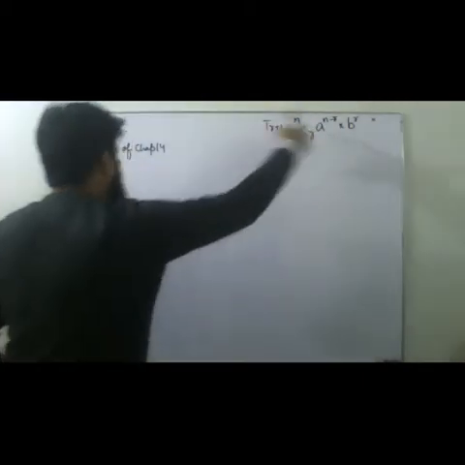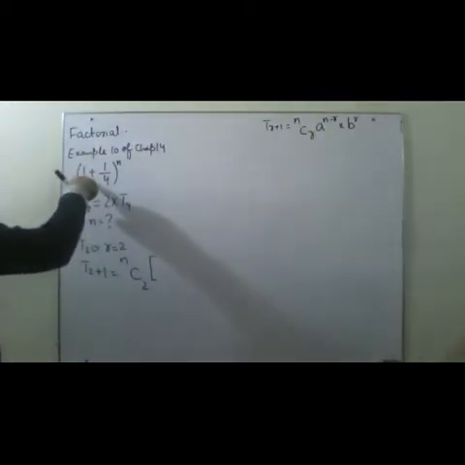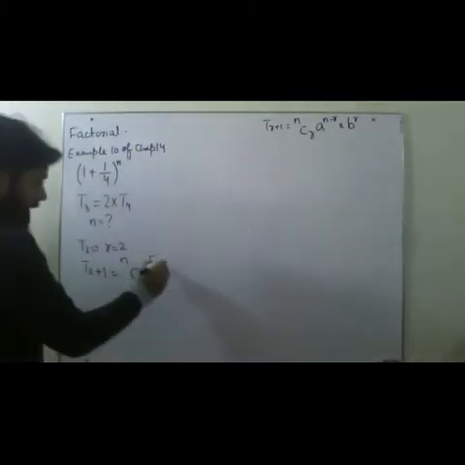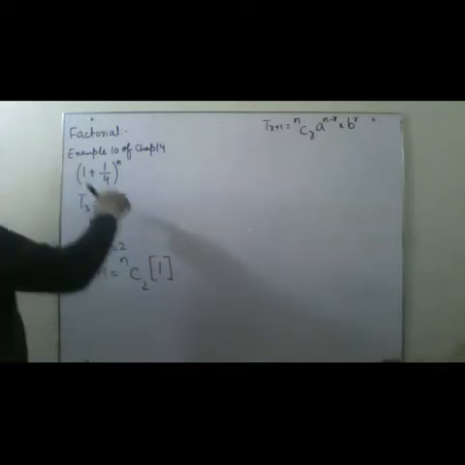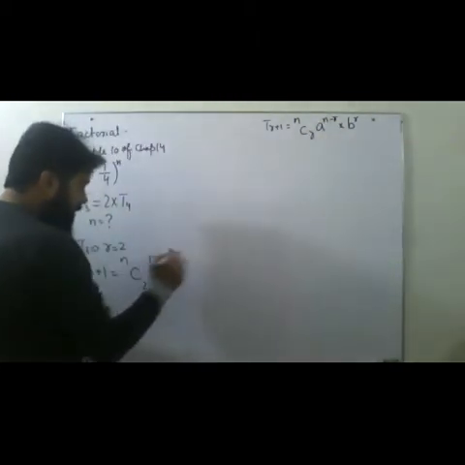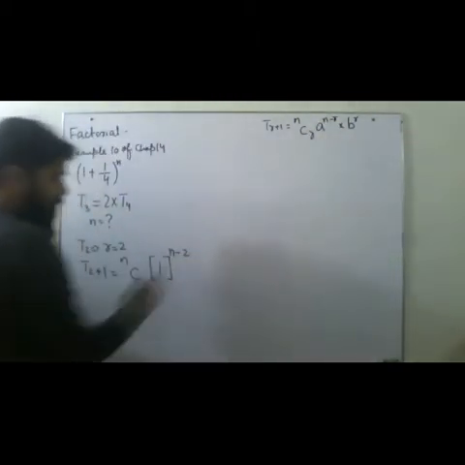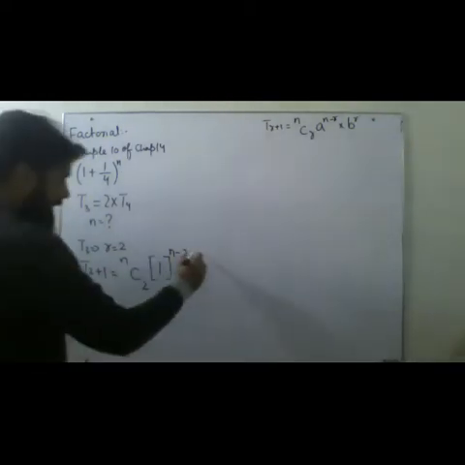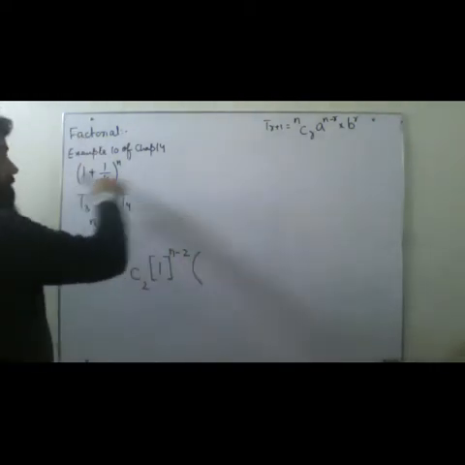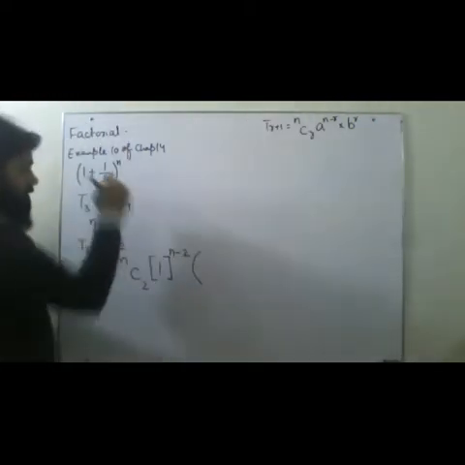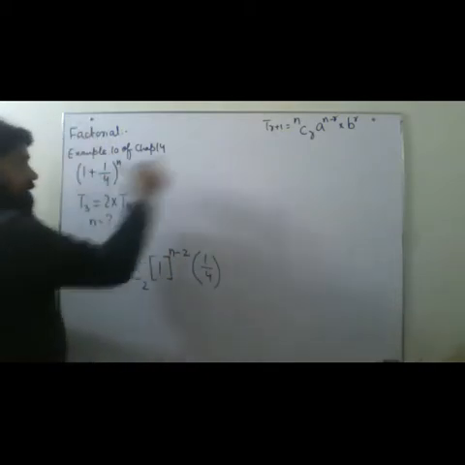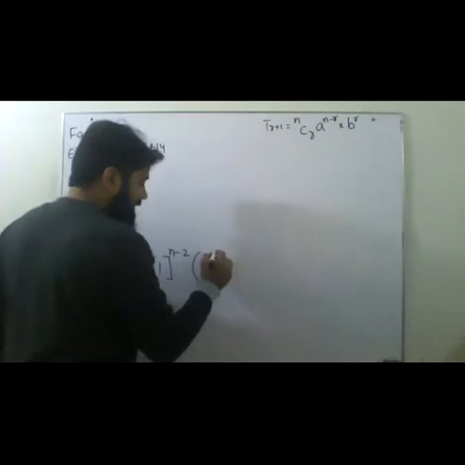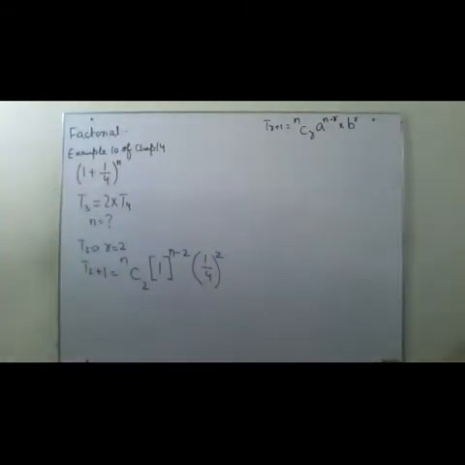What does a represent? a represents the first term of the bracket. So first term is 1, then n minus r. n is unknown, r is 2. After that, b. What is b? b is your second term, 1 over 4. And r is given to us as 2.